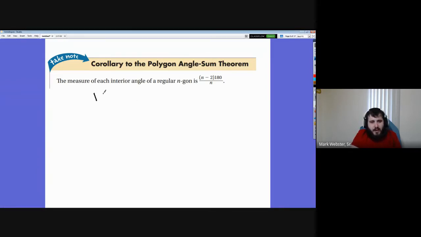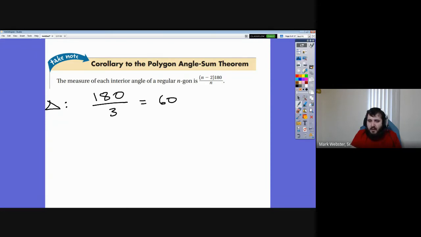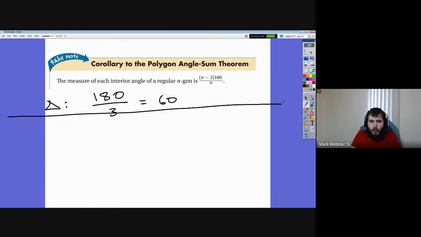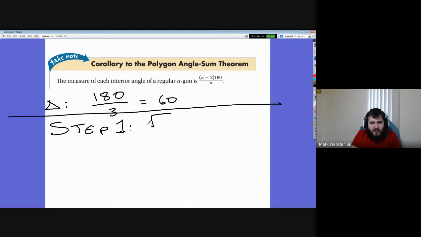Because we knew that they added up to 180. We could divide them by 3. 180 divided by 3 is 60 for a triangle. So, if you're ever asked to find one angle, here is what you do. Because some people get confused just looking at this. So step 1. Find the angle sum.